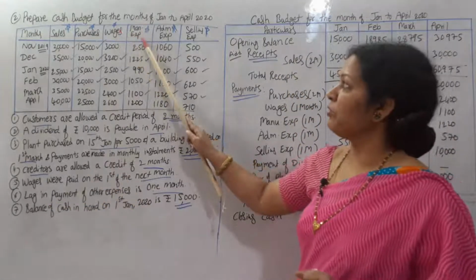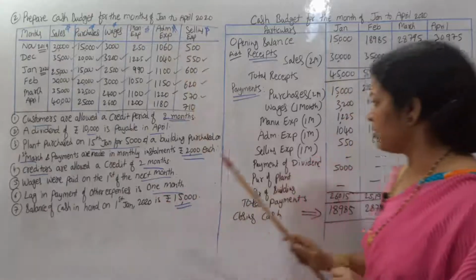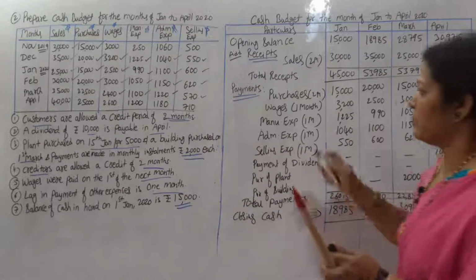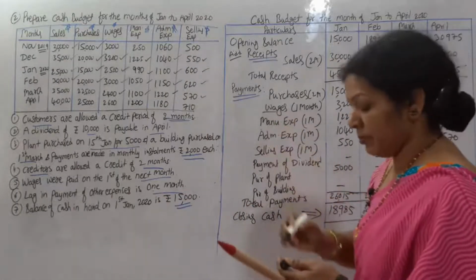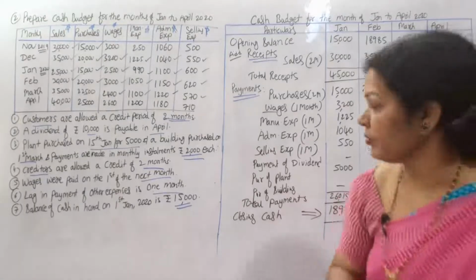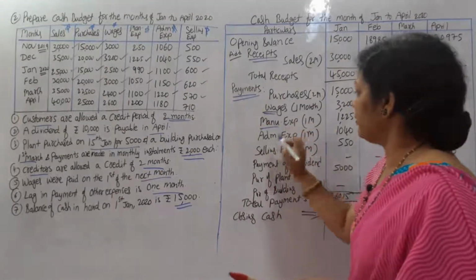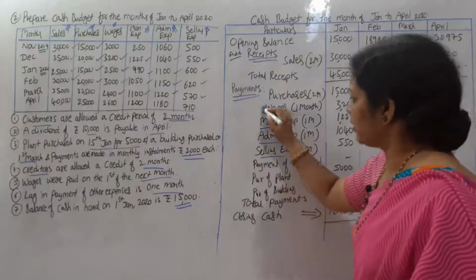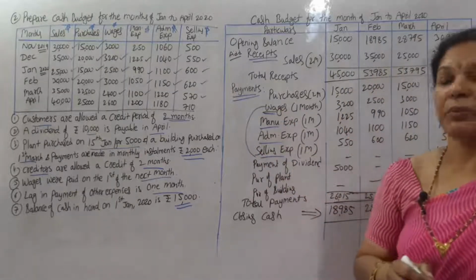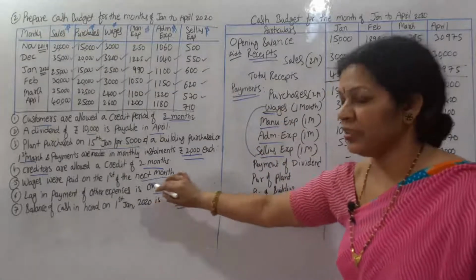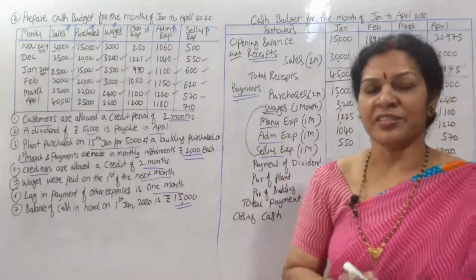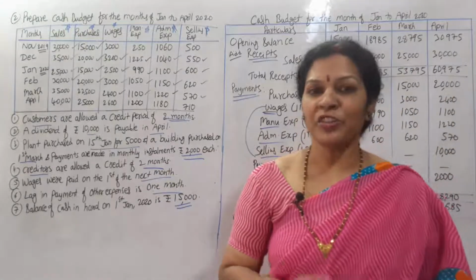Wages, manufacturing, administrative, selling expenses. All these 4 are 1 month delay as they said in the 6th point. That's it. Simple. Cash budget.